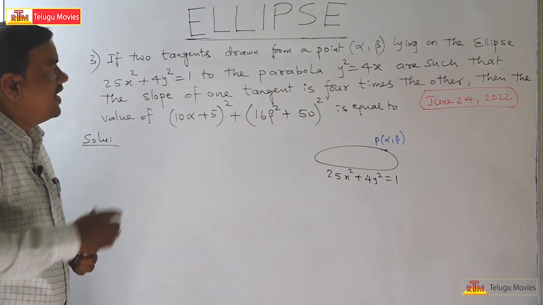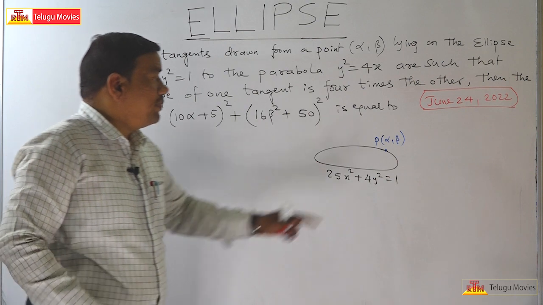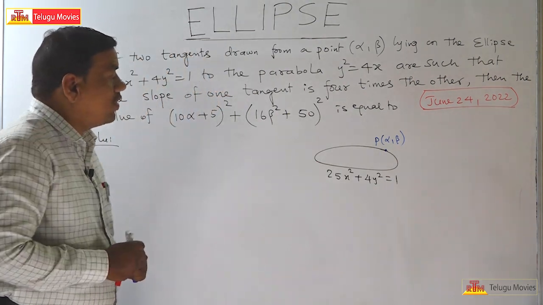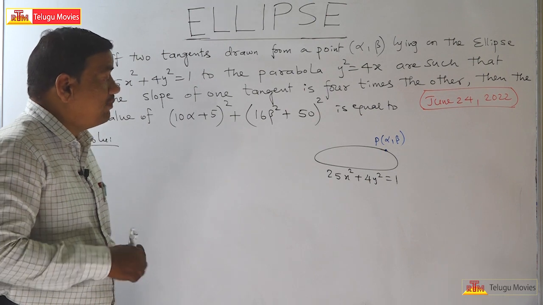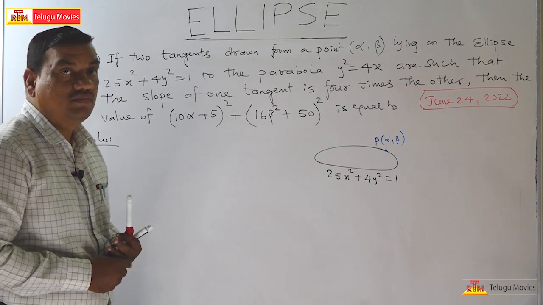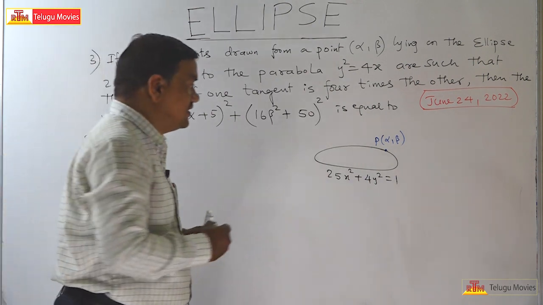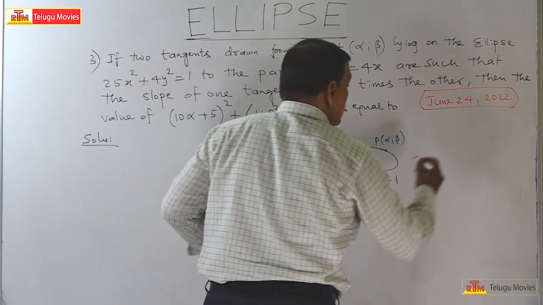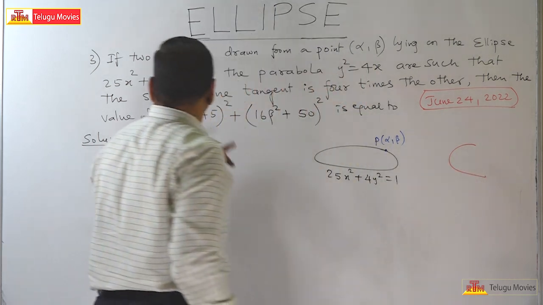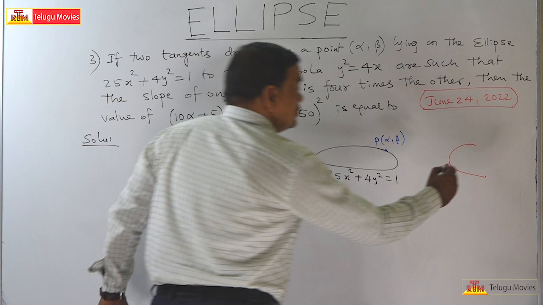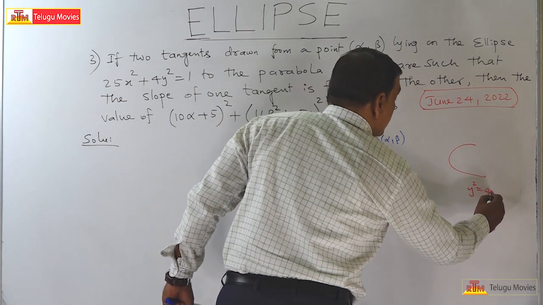He has drawn two tangents. So, P (alpha, beta) is a point on this ellipse 25x² + 4y² = 1. From the point P, he has drawn two tangents to the parabola. What is the parabola? y² = 4x.